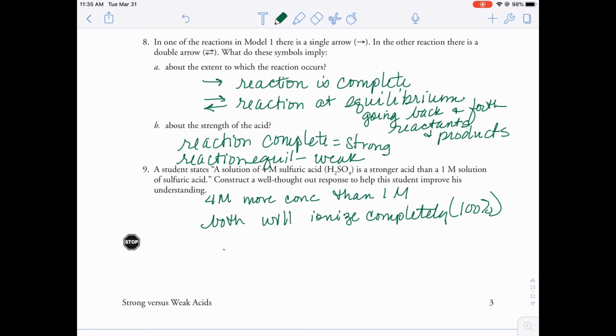Therefore, both are strong acids, as opposed to talking about concentration and strength.